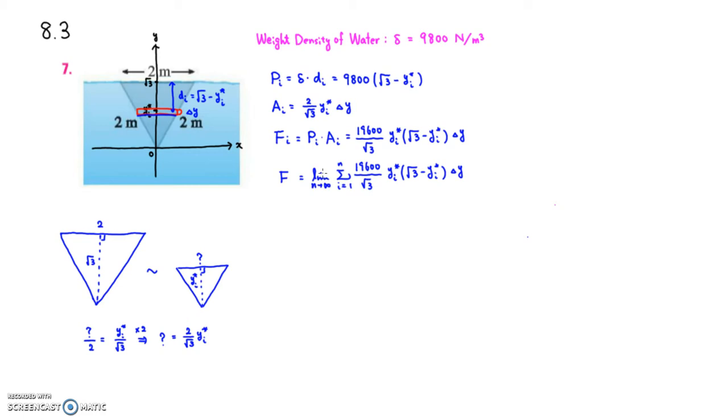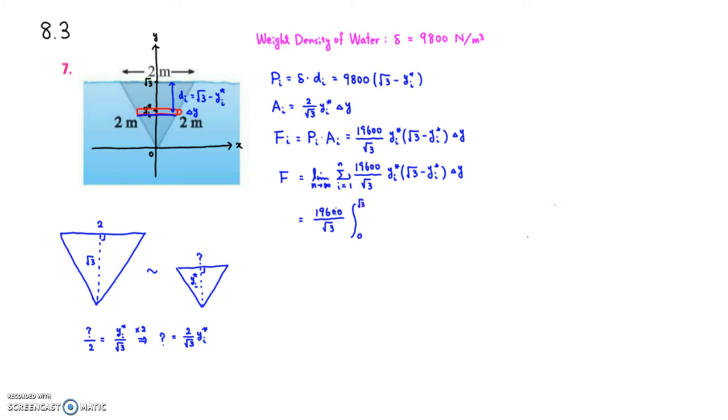Then we can just turn this into an integral. First I'm going to put the constant in front: 19,600 over square root of 3. Then the limit of the sum always becomes an integral. To cover the entire triangle, you go from 0 to square root of 3.